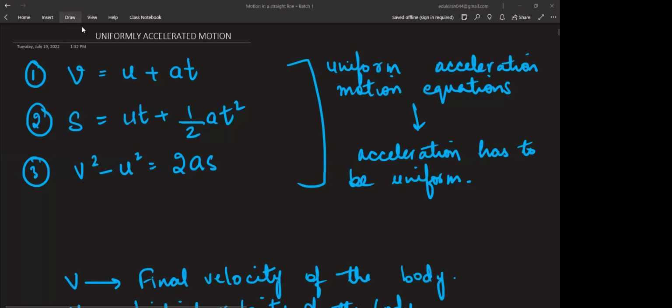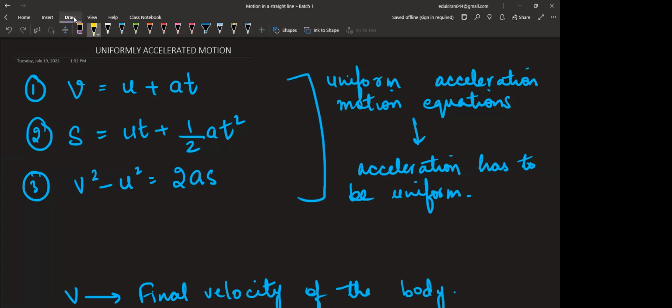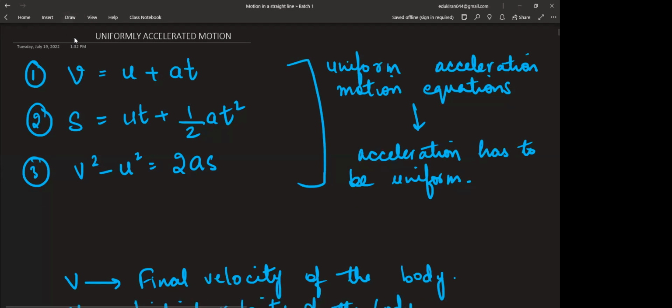See, class, these are the equations of motion for uniformly accelerated motion, which we have to use. Now, understand one thing. Uniformly accelerated means our acceleration is uniform, as in the value of acceleration shouldn't change.